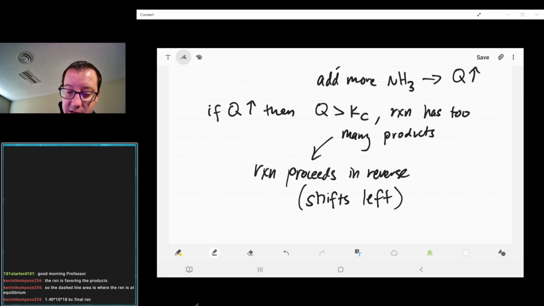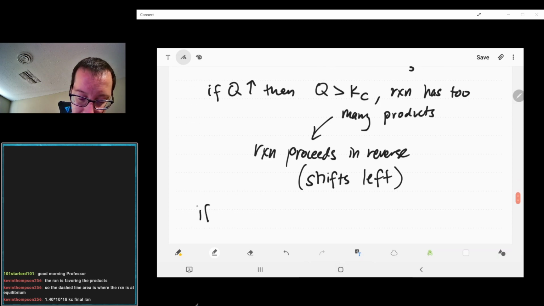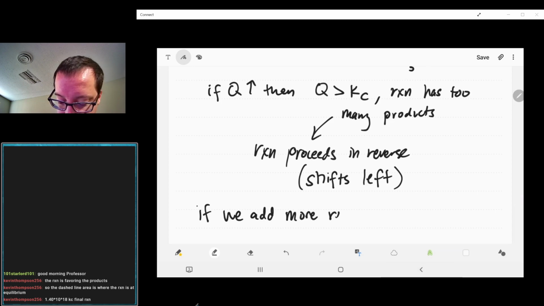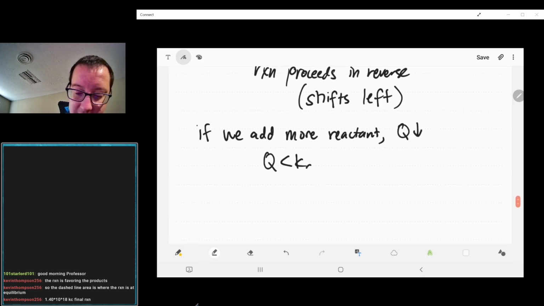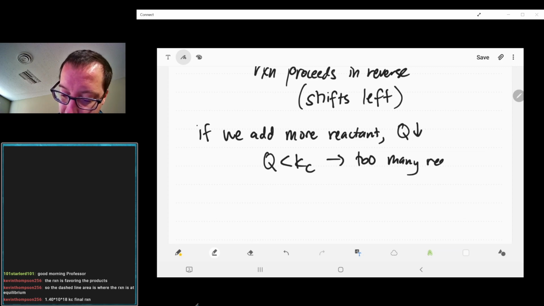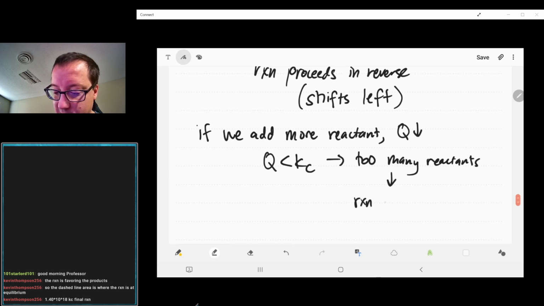All right, if we were to do the opposite, if we add more reactant, then Q goes down. If Q goes down, then Q is less than Kc, which means too many reactants, of course, which means that the reaction proceeds forward, or we could call that it shifts to the right.